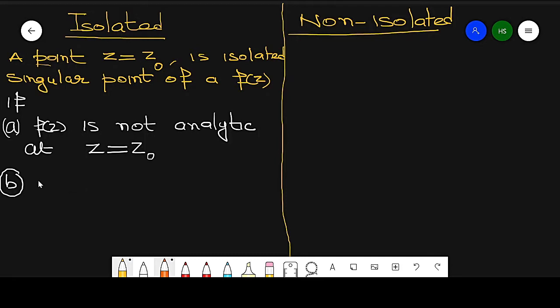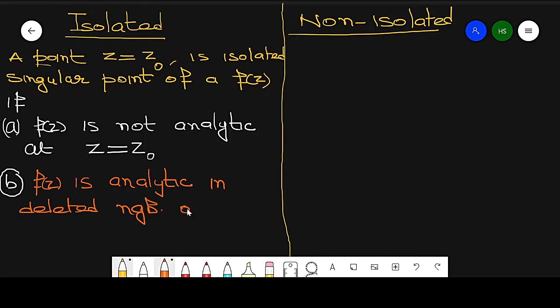Condition number 2: but f(z) is analytic in a deleted neighborhood of z naught. What is a deleted neighborhood? This is 0 less than modulus of z minus z naught less than some radius delta.